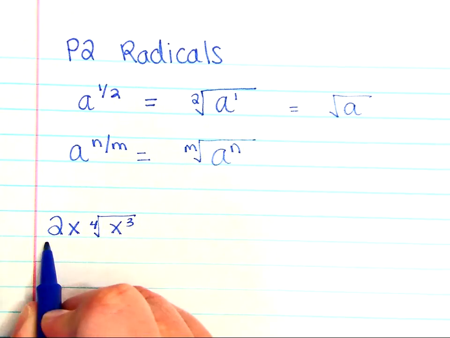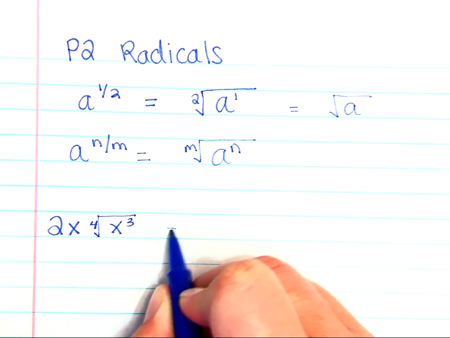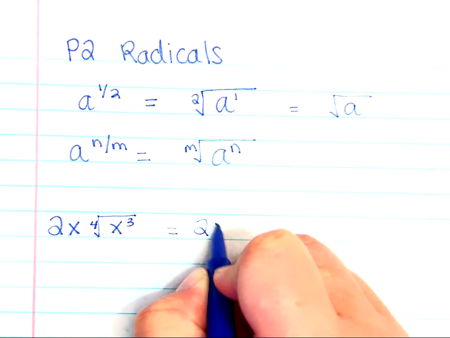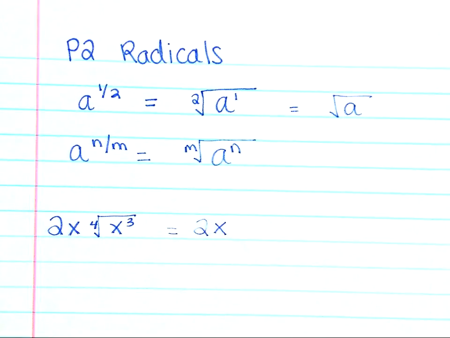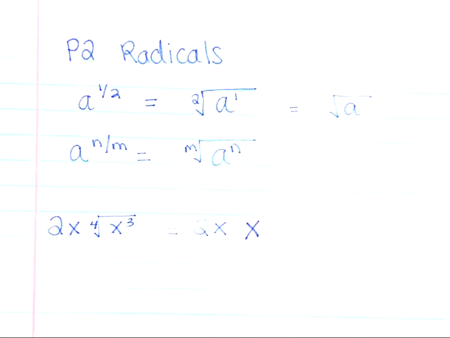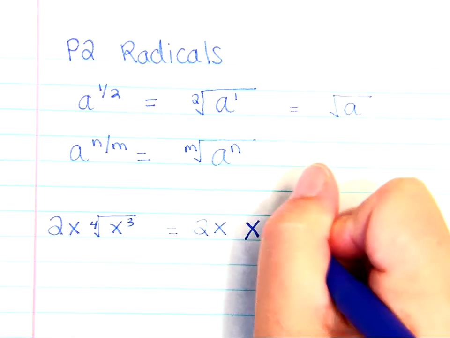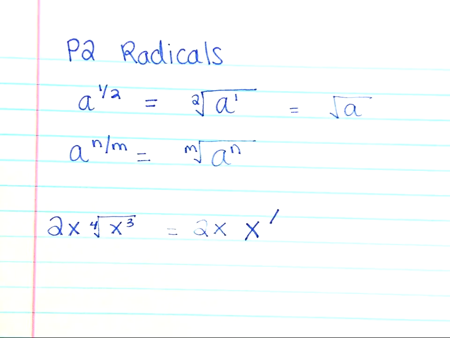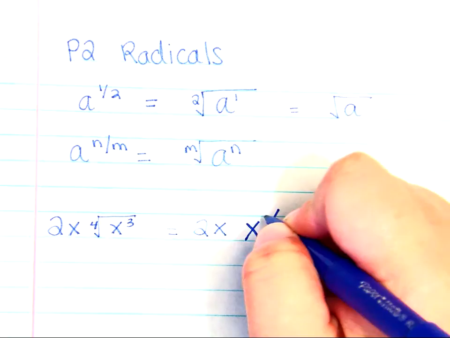So 2x I can't change yet. So we've got 2x, and then this fourth root of x to the third. X is my base, and then I know it's going to be a fraction, and then I need to remember where the 3 and the 4 go. Remember, 3 is still my exponent.